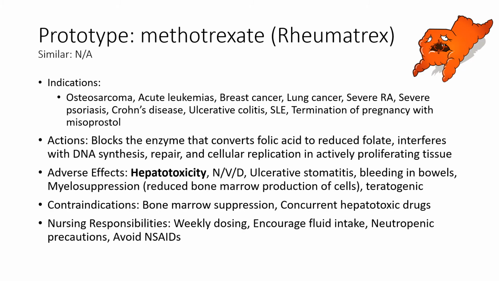Okay, so methotrexate. So this is a drug that's used for many things. We use it in an assortment of cancers that you can see listed there, but we also use it to purposely knock down our immune system with autoimmune diseases like Crohn's disease, ulcerative colitis, systemic lupus erythematosus.